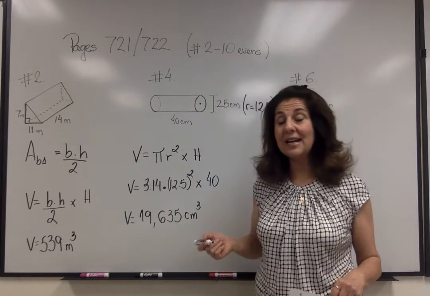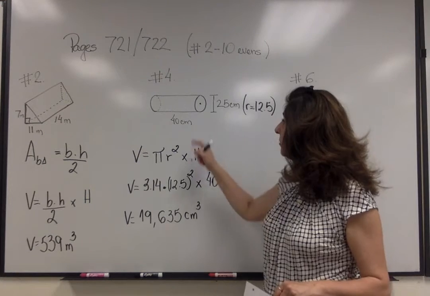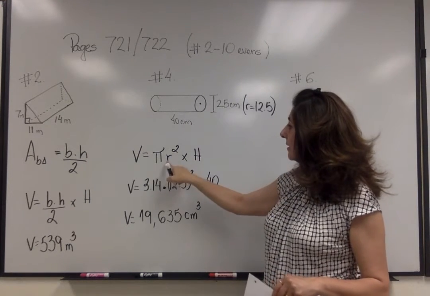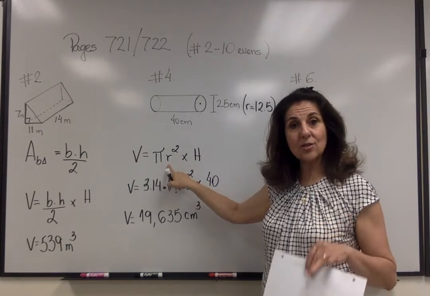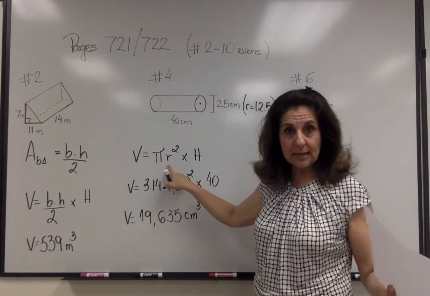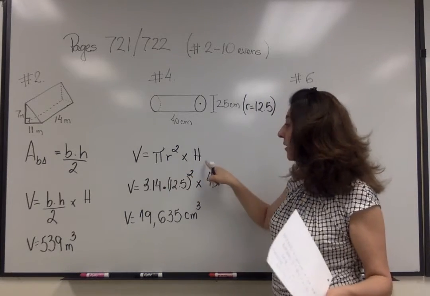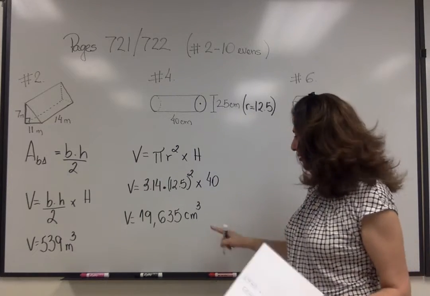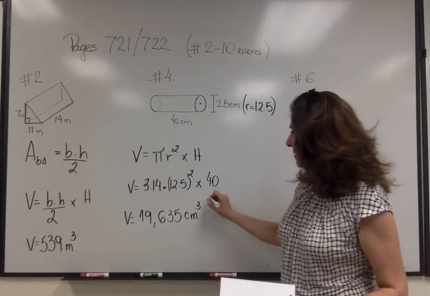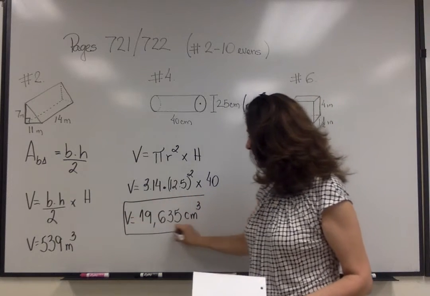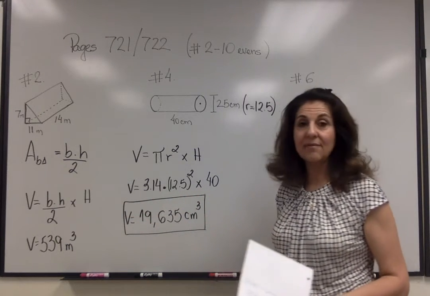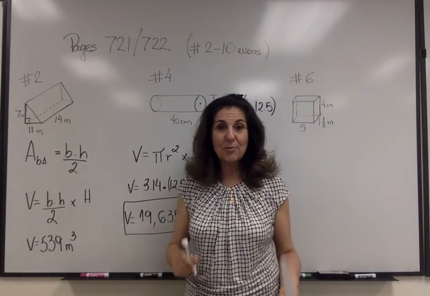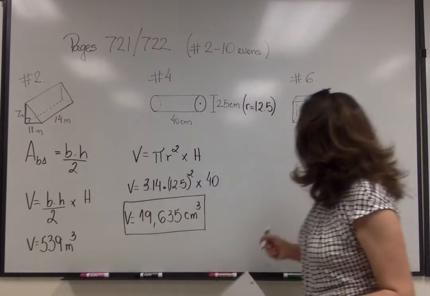All right, because when we do volume, we are multiplying 3 times, we're multiplying the radius twice, so that is already to the second power, so that's squared. When we multiply by the height, we multiply once again by the centimeters, so this is 19,635 centimeters cubed. I'm very sorry I said squared before, but it's cubed.